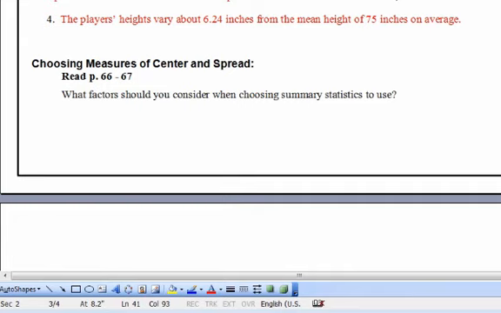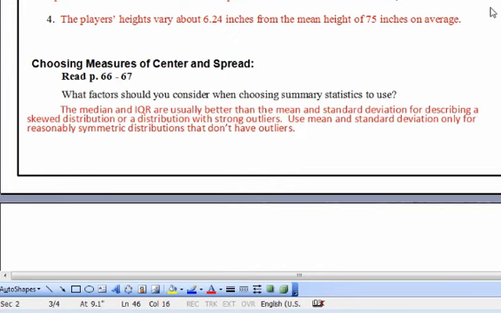In these cases, the median and IQR, which are both resistant to extreme values, provide a better summary. What factors should you consider when choosing summary statistics to use? The median and IQR are usually better than the mean and standard deviation for describing a skewed distribution or a distribution with strong outliers. Use the mean and standard deviation only for reasonably symmetric distributions that have no outliers.